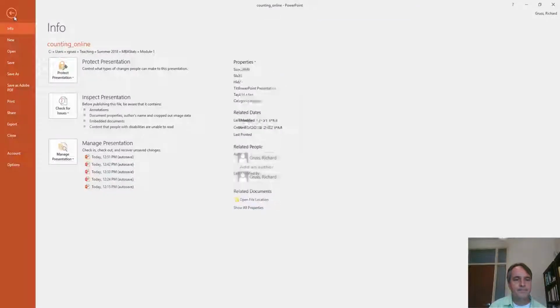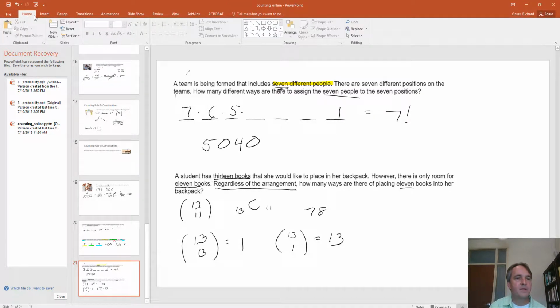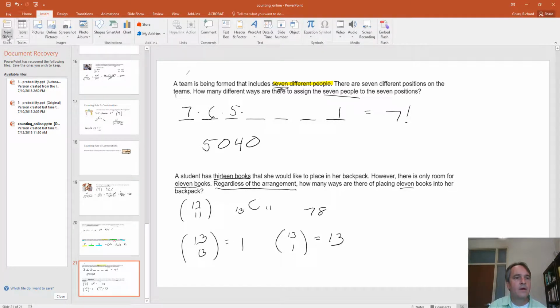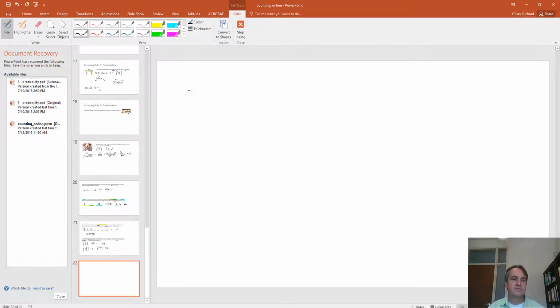Okay. On this issue of permutations and combinations, I want to show you one more thing, which I think will highlight the relationship between permutations and combinations a little bit better. So remember that when you do a combination, or when you do a permutation, let's say, permutation.